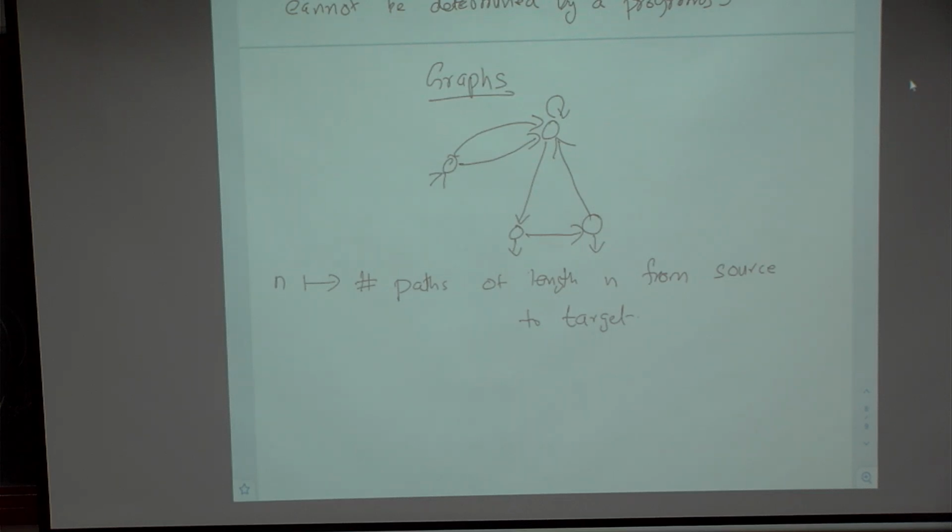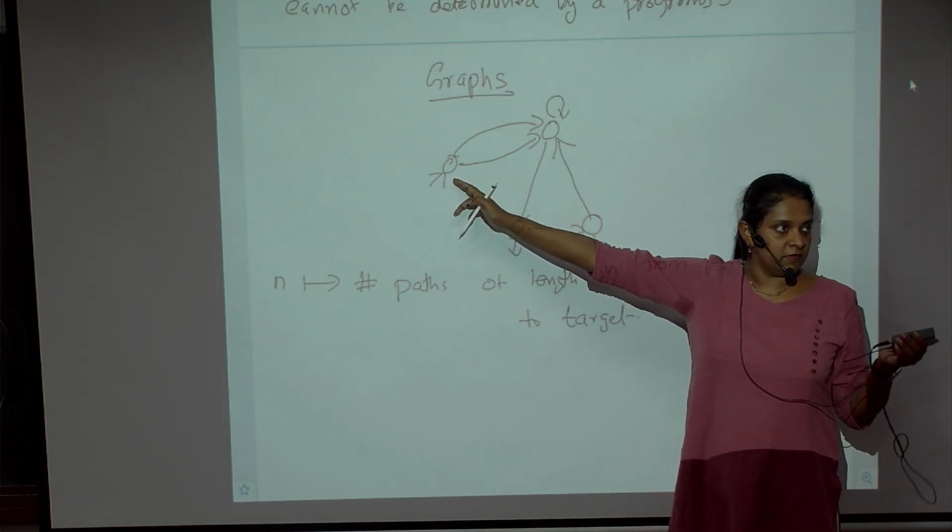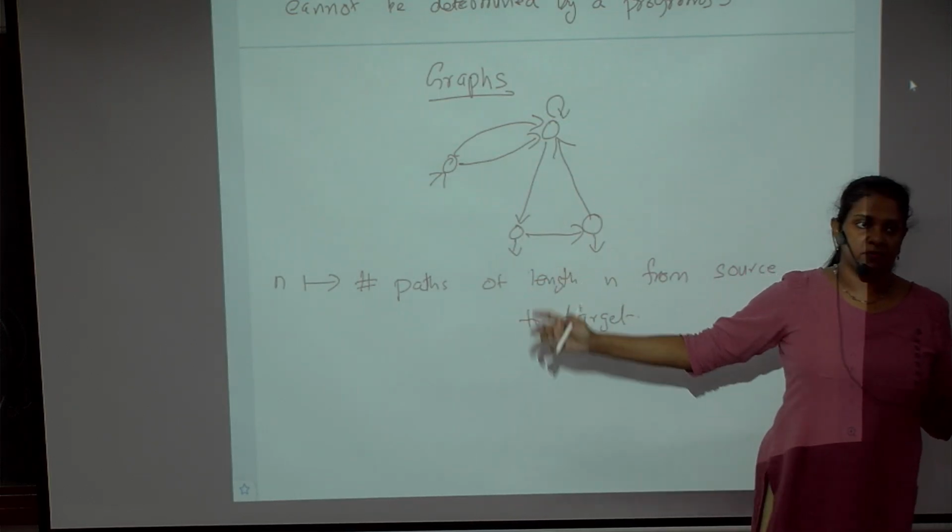For every number n, it's going to give you another number. What is that number? It's the count of the number of paths of length n, length n paths or length n walks in the graph, however you want to see it, from some of these initial vertices to some of the target vertices.